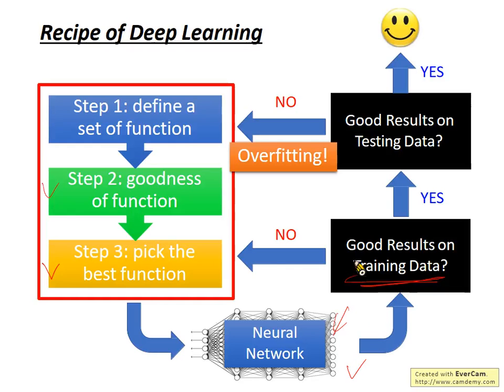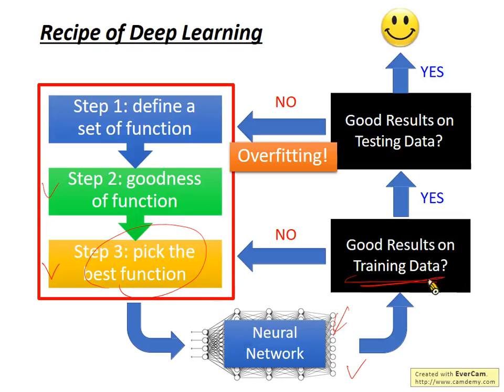If not, that means we haven't selected the best function right now. We haven't had a good network structure. So we may need to redesign the structure. We may need to change the parameters we use to train the neural network.